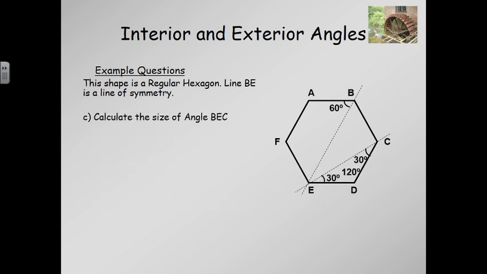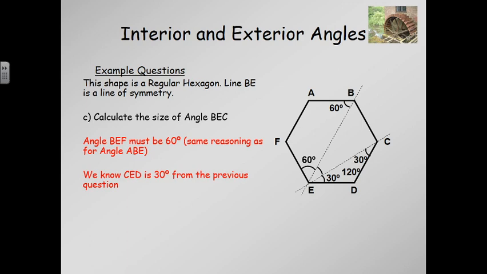Okay, last question. We've got to calculate the size of angle BEC. So from B to E to C. This one here. BEF must be 60. So if this one here is 60 and this one here is 60, for the same reason as question A, that the whole thing's 120, and we've got a line of symmetry.